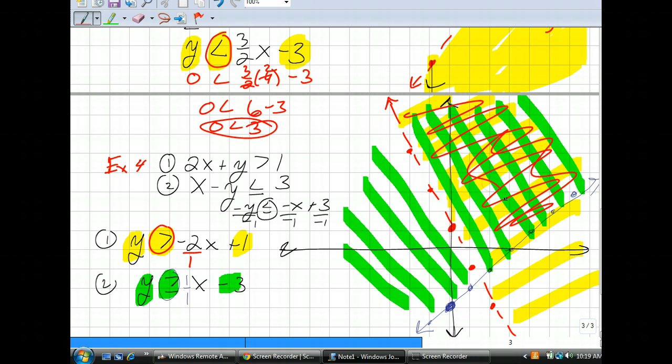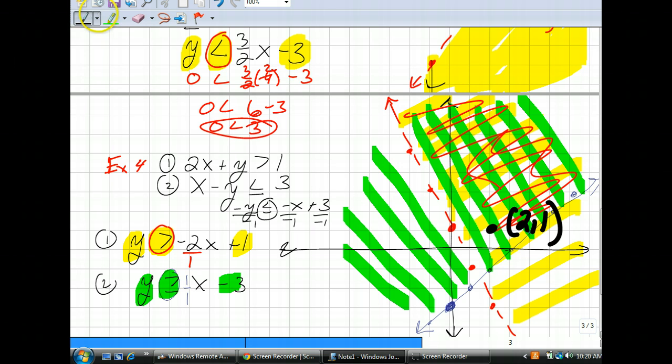That is the actual solution to the system, which means that if I picked any point in that yellow and green area, so let's say I pick this point right here, which is the point over 2 up 1, then that should give me a true statement in both of the inequalities.